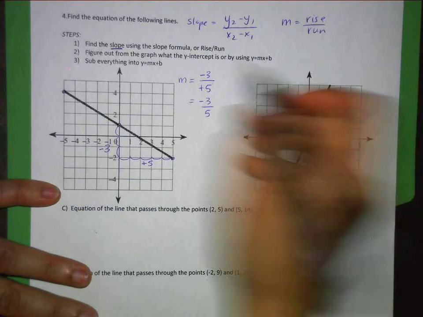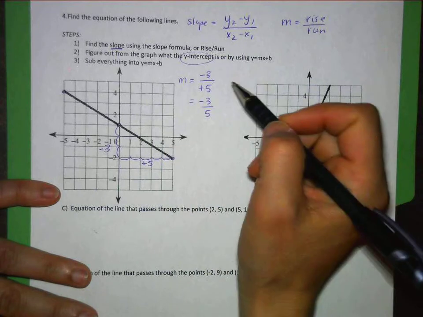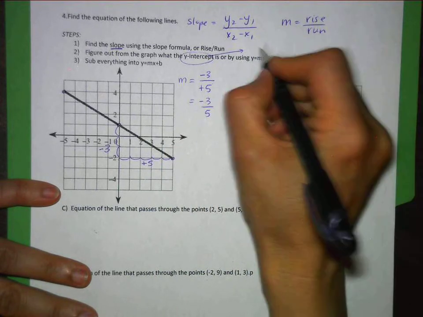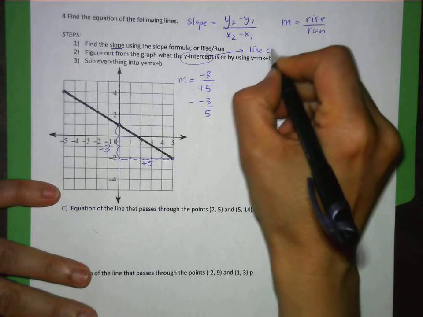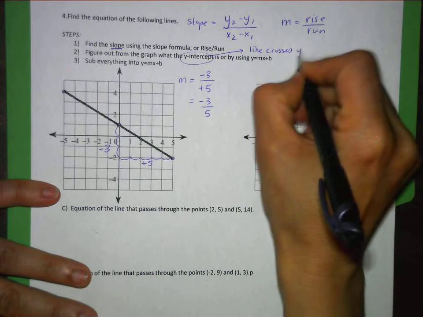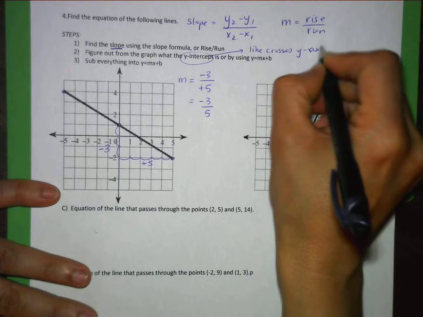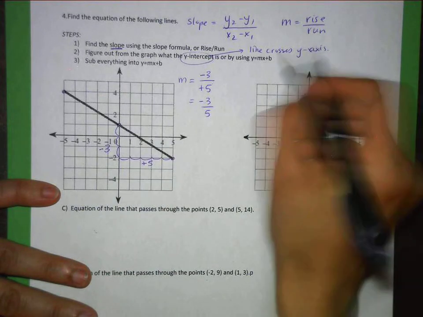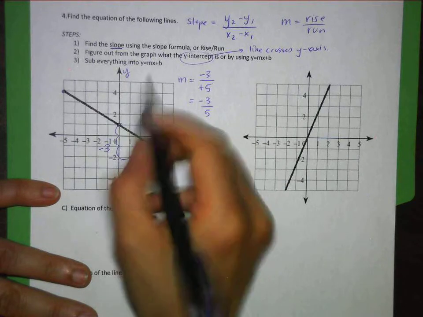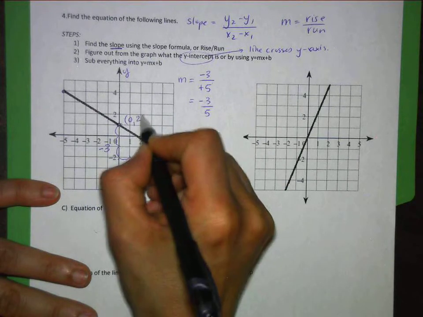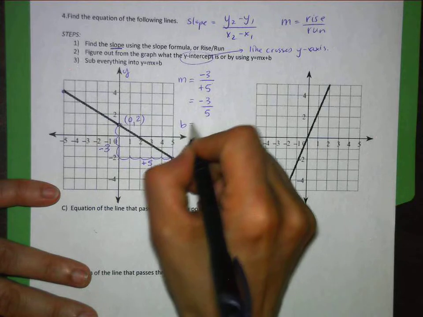The other thing I need is the y-intercept, and I know that is where the line crosses the y-axis. So I'm going to look at the y-axis. This is the y-axis. It's the vertical one. Right here is 0, 2. So that means that b is equal to 2.